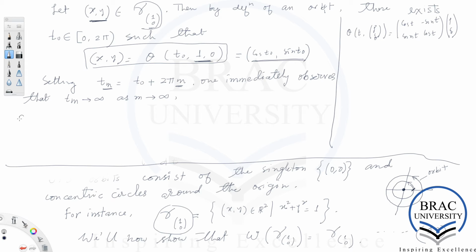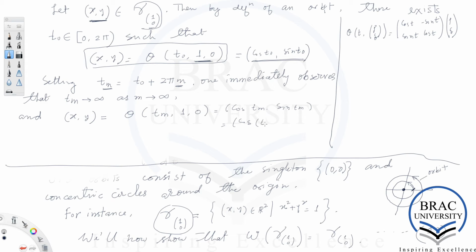And x comma y is equal to, so if I choose theta Tm of (1, 0), you see that way you're going to have cosine Tm, sine Tm, right? Now write cosine of Tm.